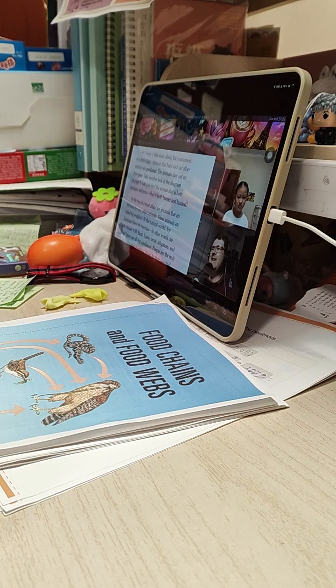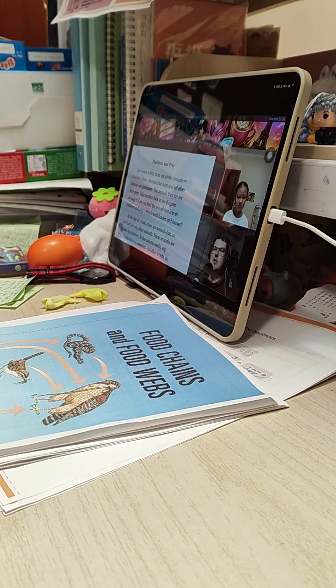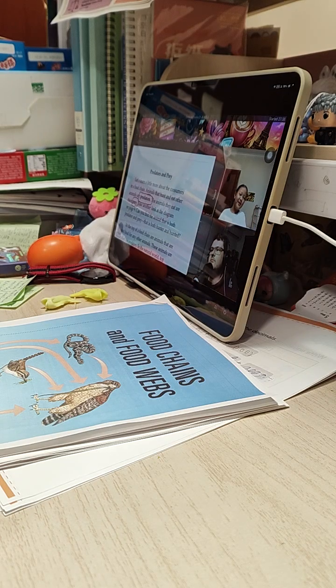Okay, so predators and prey, you know the difference between predators and prey, right? Can you give me an example of prey in the food chain? You can make your own example.